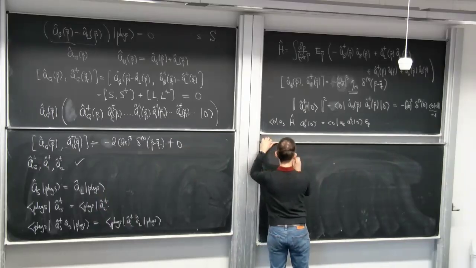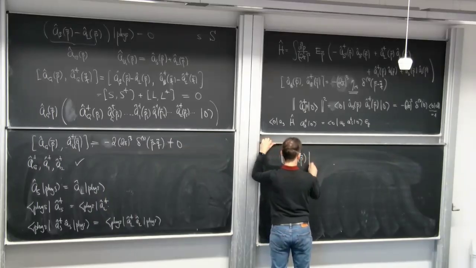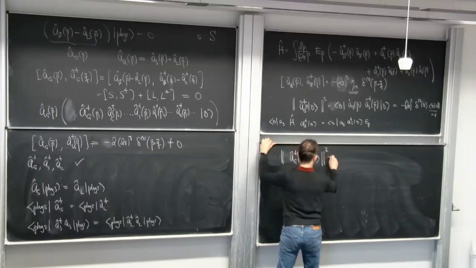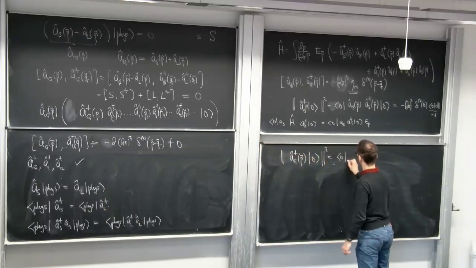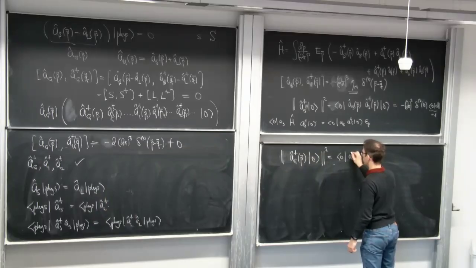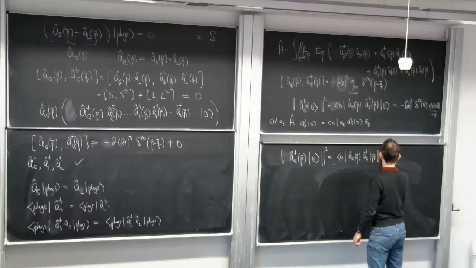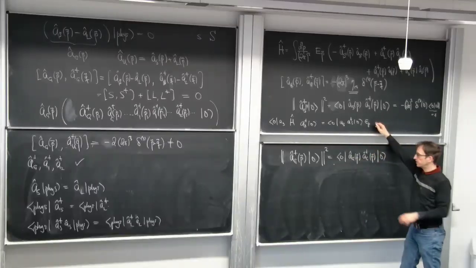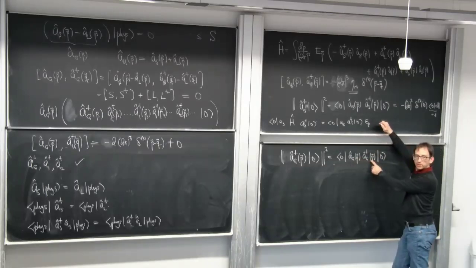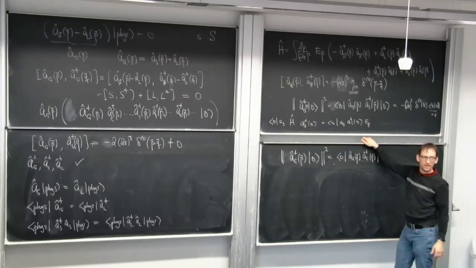So I want the norm of a G type excitation squared, so that is 0 AG P and then a G P. This is just as sketchy as above because you have P and P. Then these norms aren't really normalizable.